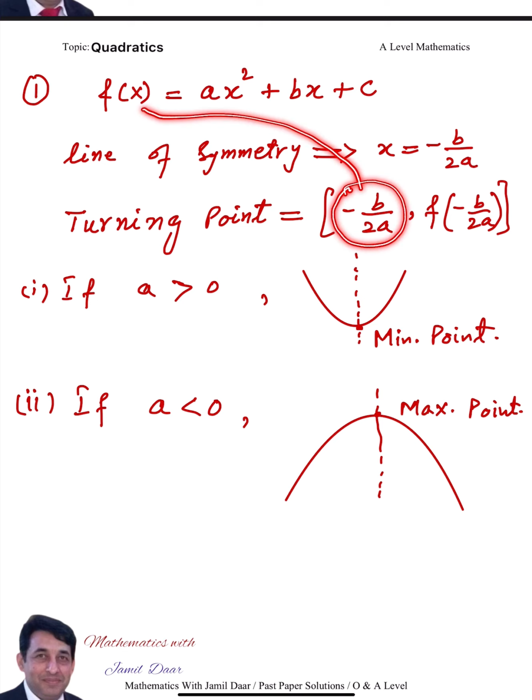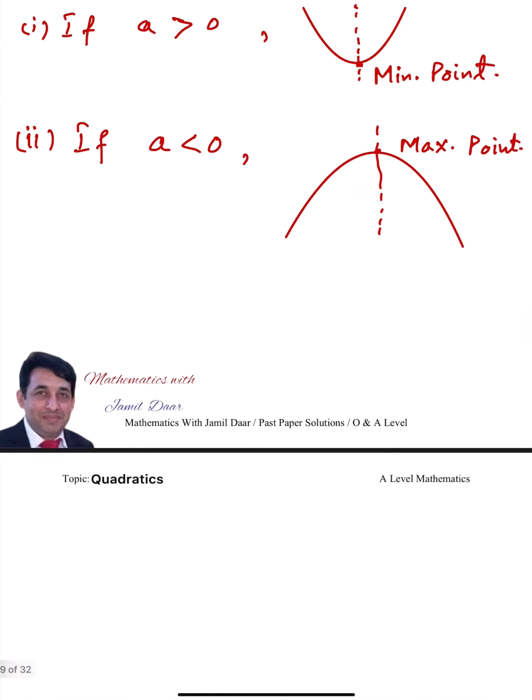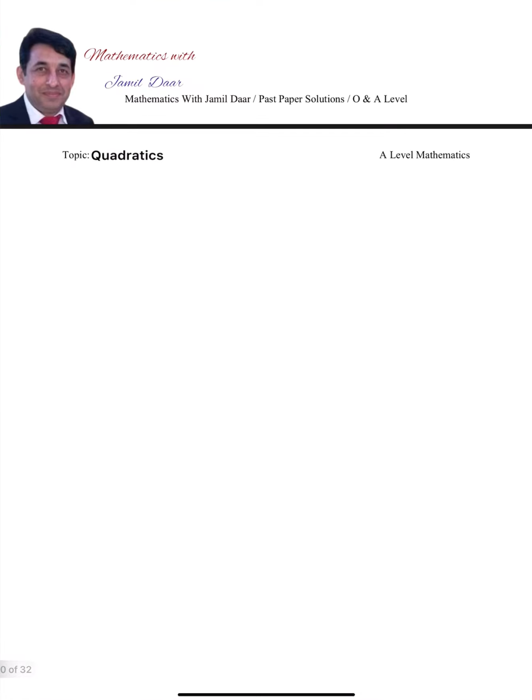You substitute this in the function to find the corresponding value of y, and that is your turning point. If a is positive, it is a minimum point, and if it is negative, it is a maximum point. So let's do an example.